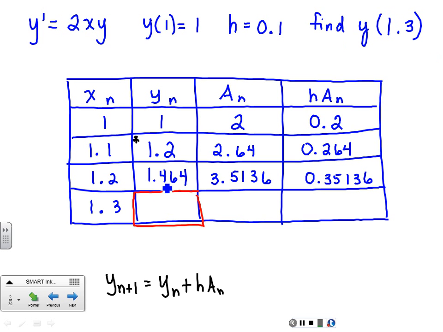We're going to do Euler's method one more time. 1.464 plus this h times a sub n column right here, 0.35136. So I got 1.81536. So approximately y of 1.3 is equal to 1.81536.